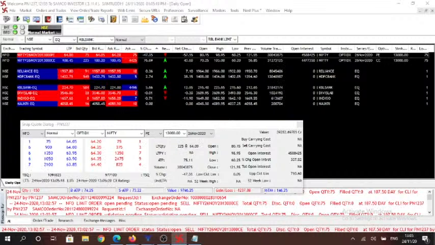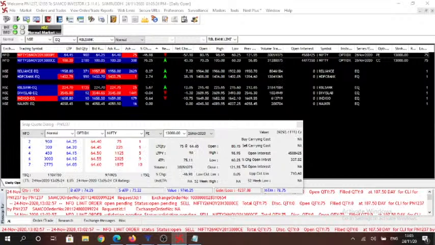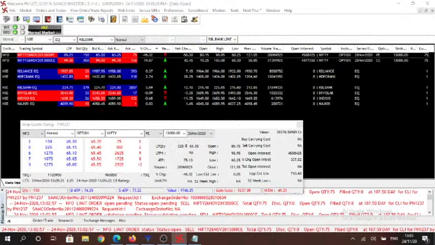I have my hand on the exit button for the cover order. So let's see. It's not breaking 65 yet.